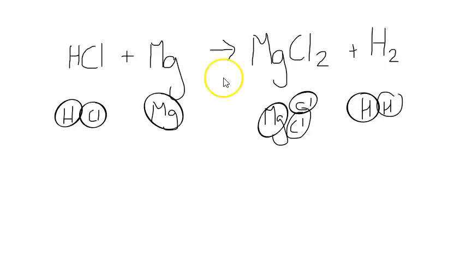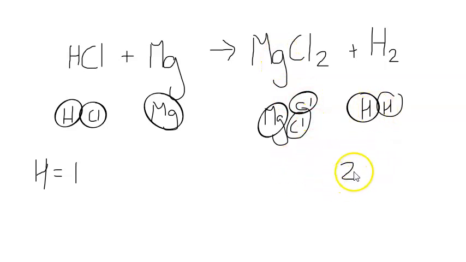So for this reaction to truly represent reality, we need to have the same number of atoms on the left-hand side of the equation as we do on the right-hand side. One thing I'll do is count up all of the atoms. The number of hydrogens on this side is 1, and on this side we've got 2 hydrogen atoms.